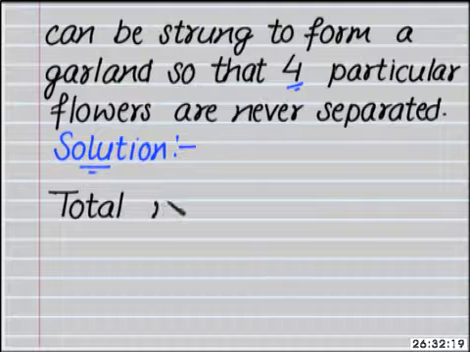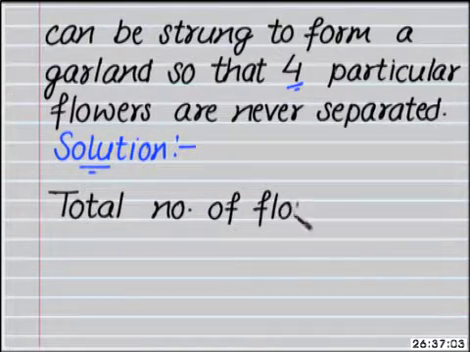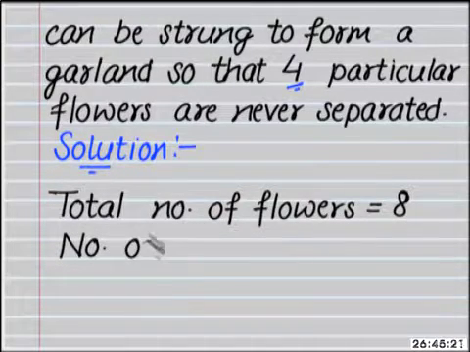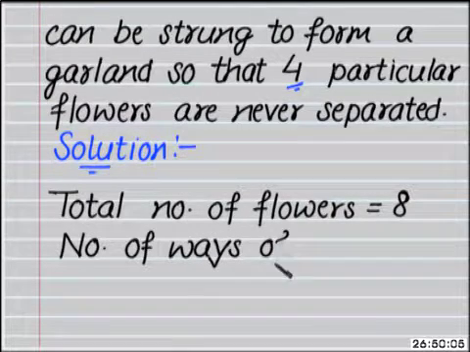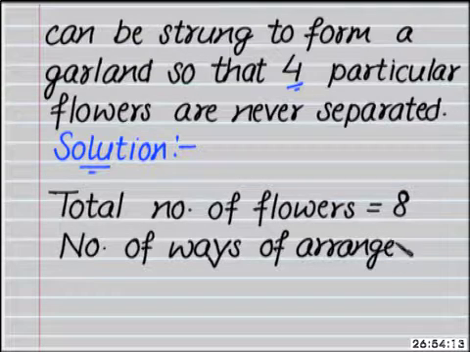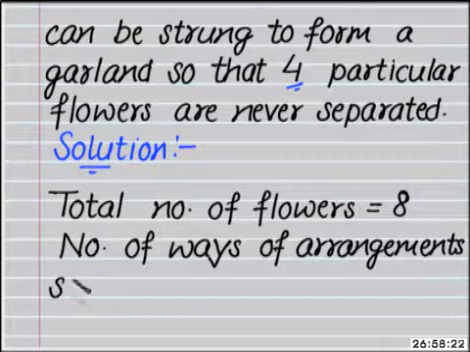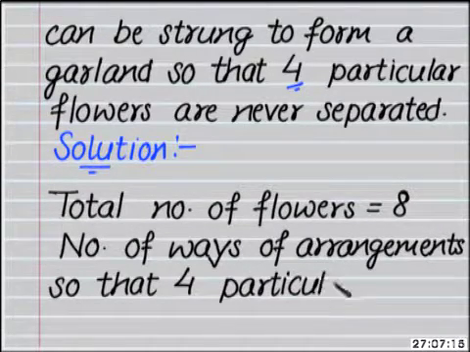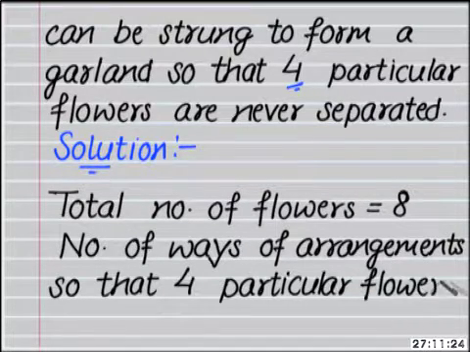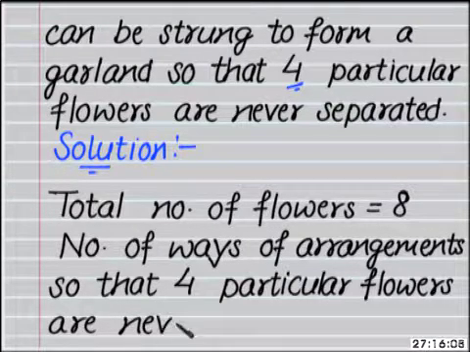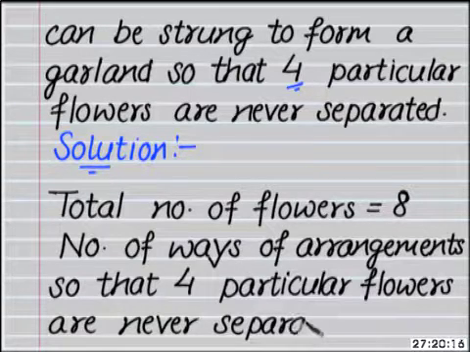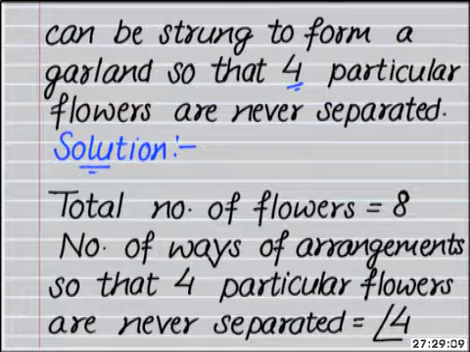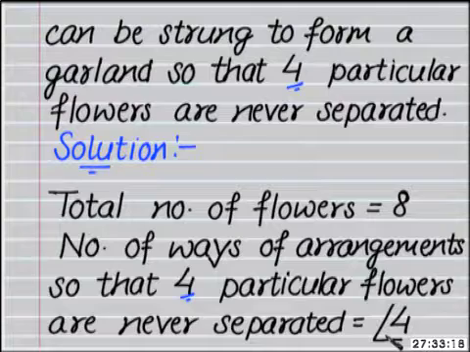Total number of flowers is 8. Now number of ways of arrangements so that 4 particular flowers are never separated is 4 factorial ways, as these 4 flowers can be arranged in 4 factorial ways.